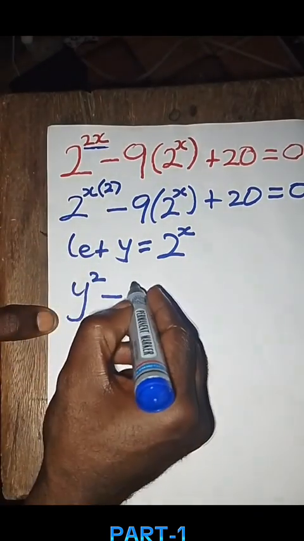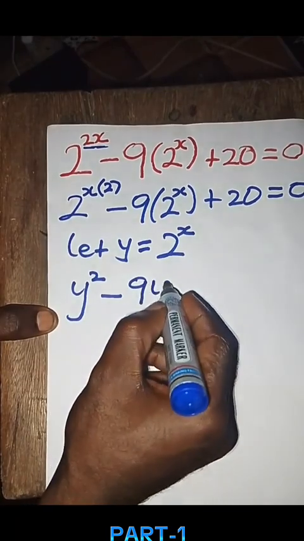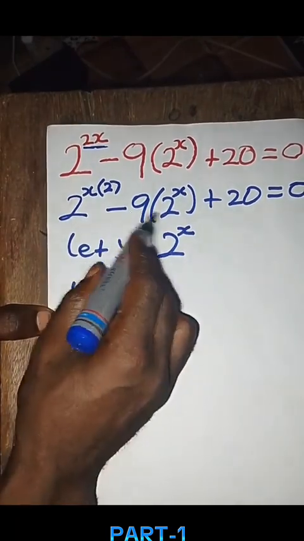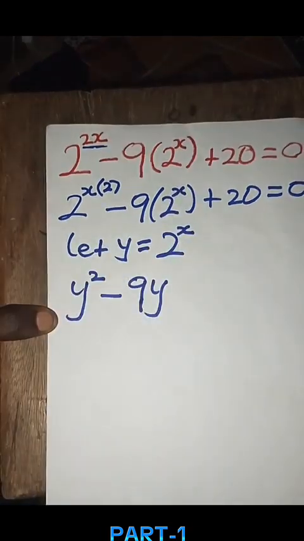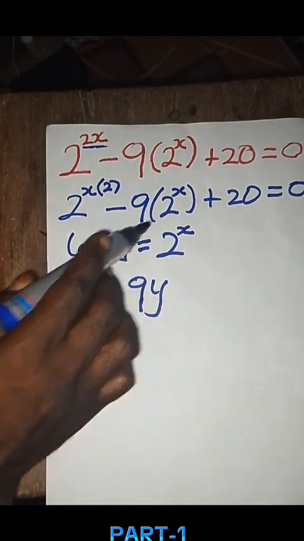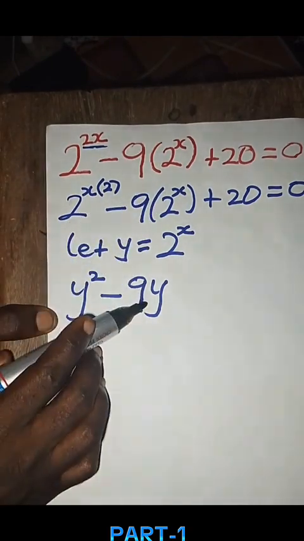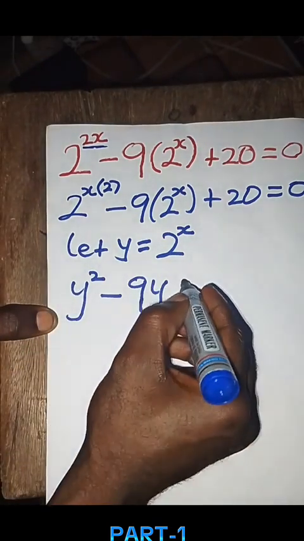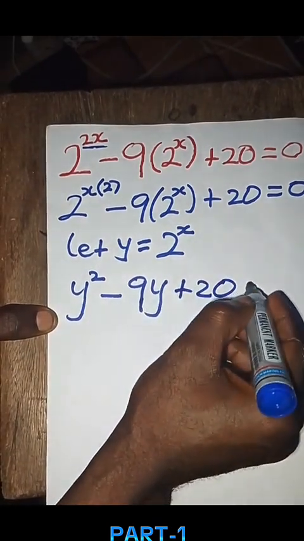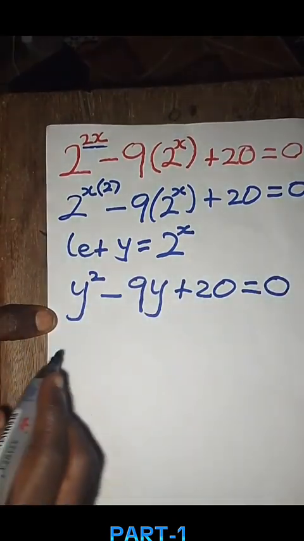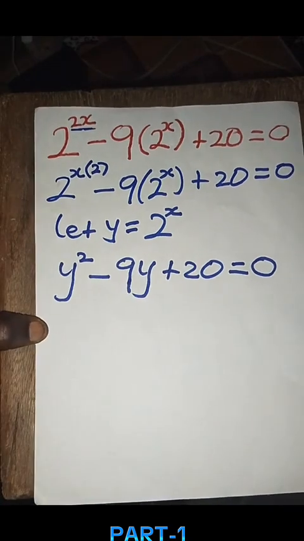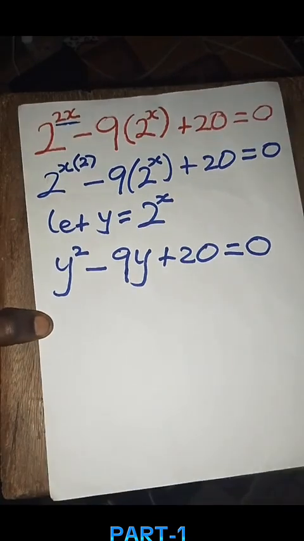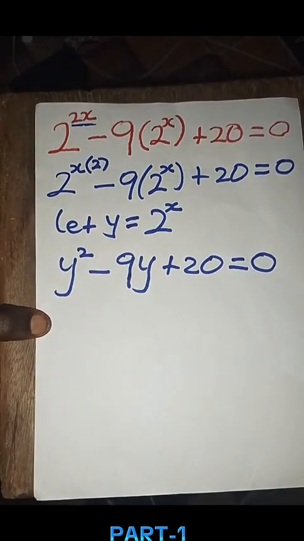So we now take 9y, because we have 9 into 2 to the power x, which we've replaced with y, plus 20 is equal to 0. So you can now see this is in the form of a quadratic equation.